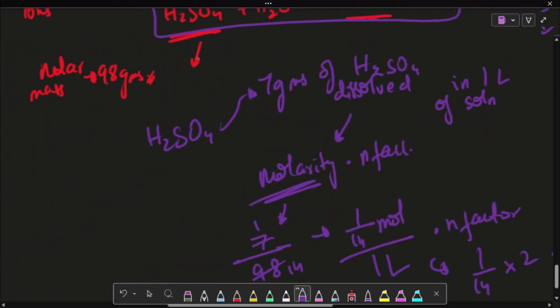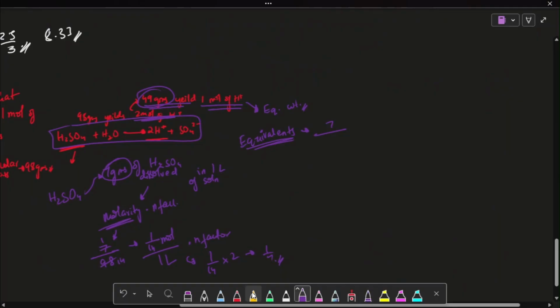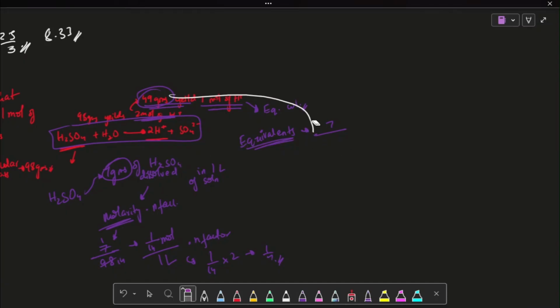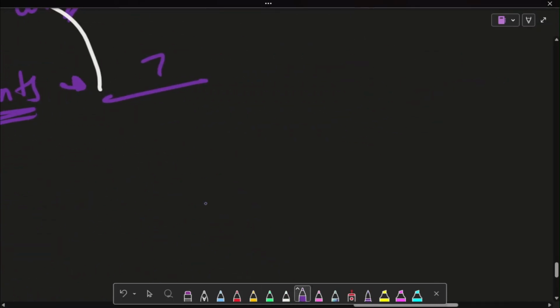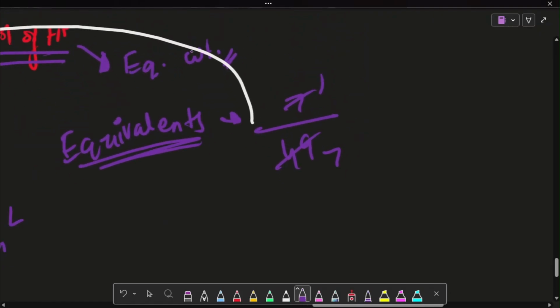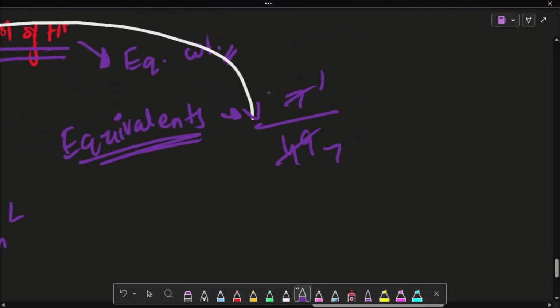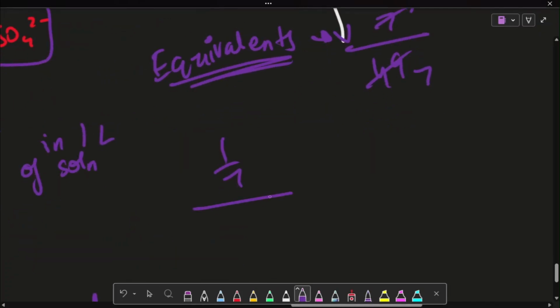From the question we have 7 grams. So that would be 7 by 49, that would be 1 by 7. The equivalence reacting from that reaction was 1 by 7. What is the volume?